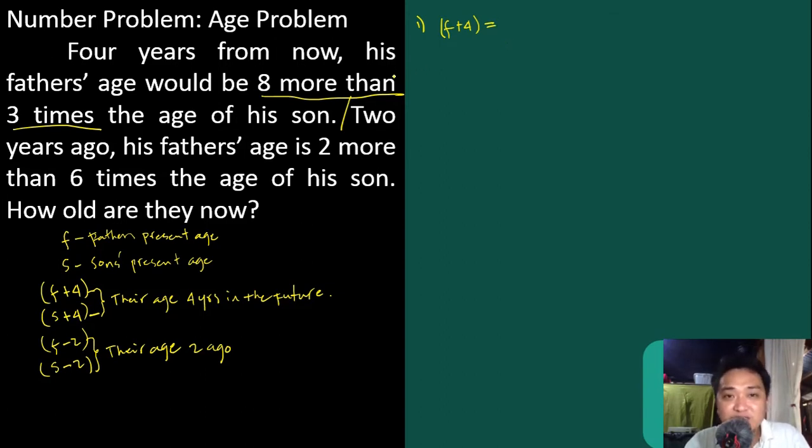Isa-isahin uli natin. I-chop natin to para hindi mahirap. Pag sinabing 3 times, of course, ita-times mo lang sa 3 yung edad nung anak or nung son. So that is 3 times S plus 4. Ayan. O bakit plus 4? Again, kaya plus 4 yan kasi ang pinag-uusapan dito is 4 years from now. Yung edad nila 4 years in the future.